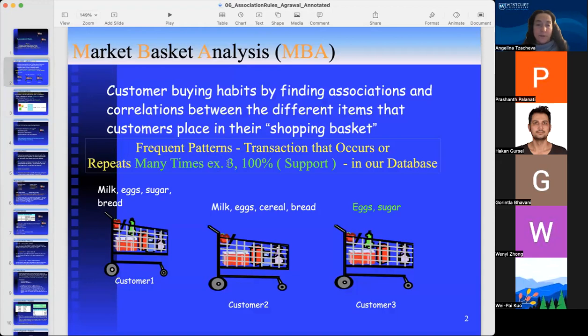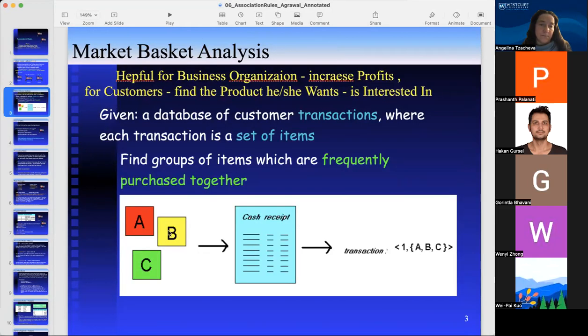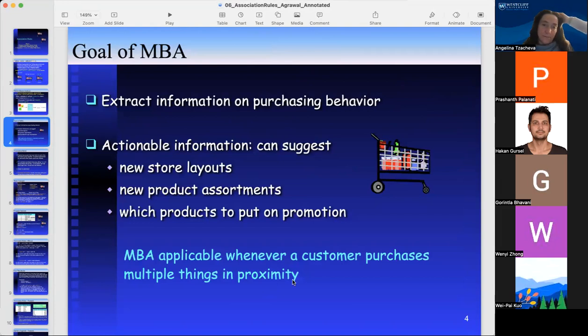Let's say if the transaction occurs 3 times or 100% of the time, then it's considered frequent. So the goal of market basket analysis is to extract information on the purchasing behavior of the customers and then extract actionable information. This means we can take some action based on the information, knowledge, or wisdom that we discovered from the data.